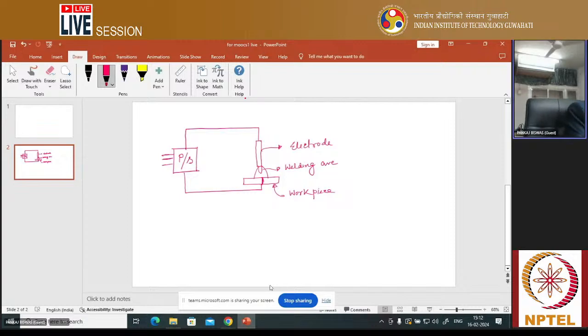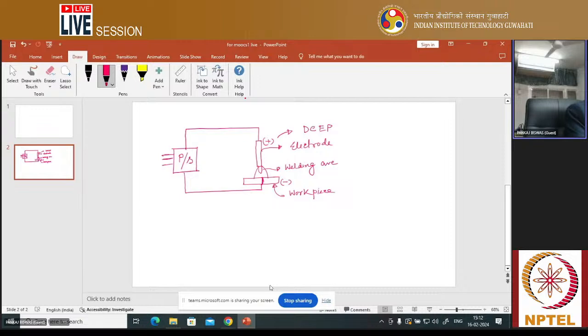Now, what happens? One of the terminals of this power source is connected with the electrode. If this is the positive terminal and the workpiece is the negative terminal, then this is called DCEP, direct current electrode positive polarity.